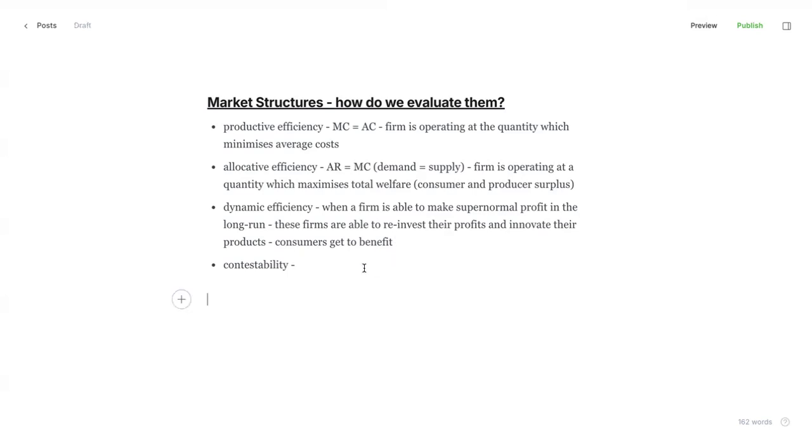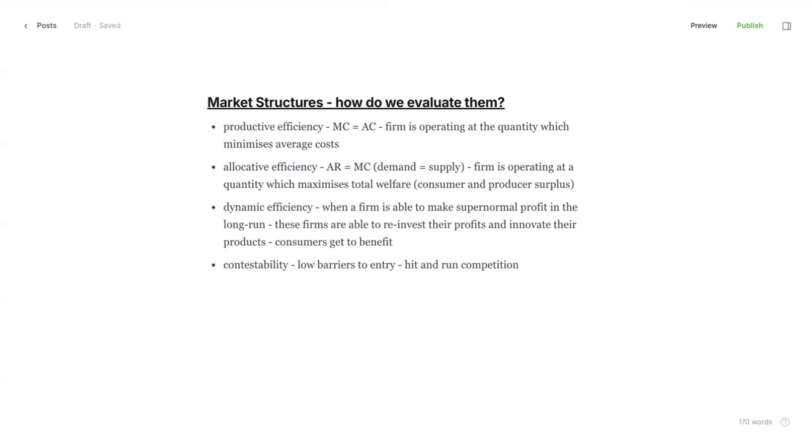The last one is contestability. So contestability is just whenever there are low barriers to entry, we can call that market contestable. It means that there is hit and run competition. Basically, some firms are able to be the only firm in the market forever, and they're able to keep on charging very high prices.